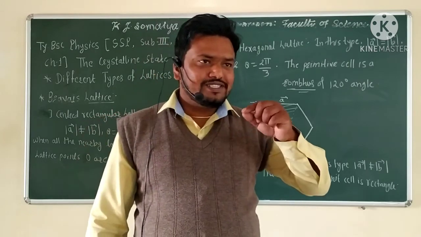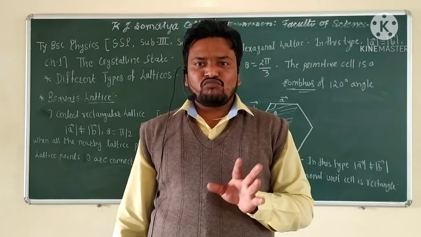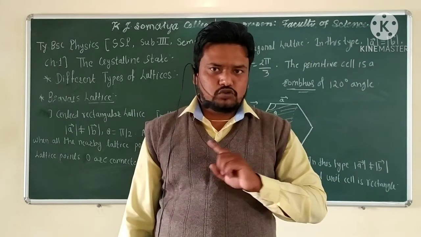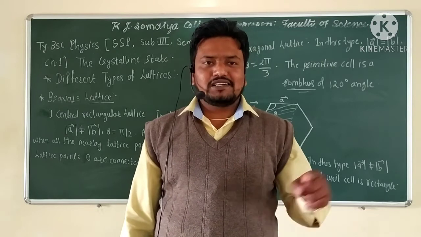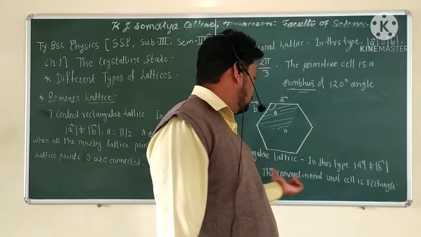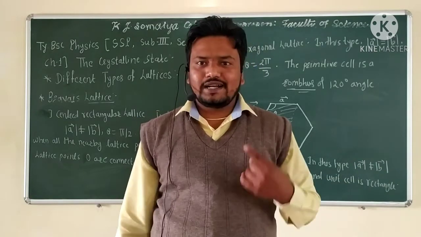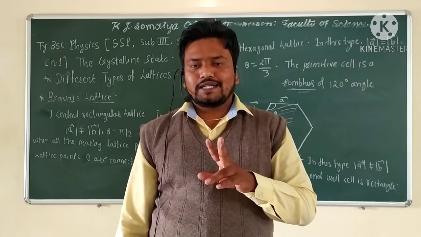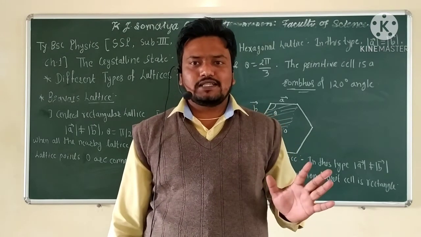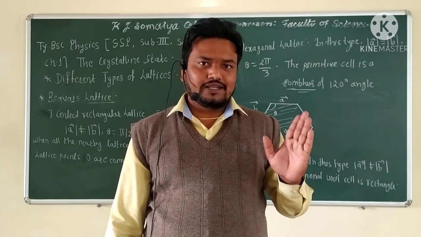That is, the lengths of vector a bar and vector b bar are not equal, but theta is pi by 2, that is 90 degree, and the conventional unit cell of the rectangular lattice is the rectangle.